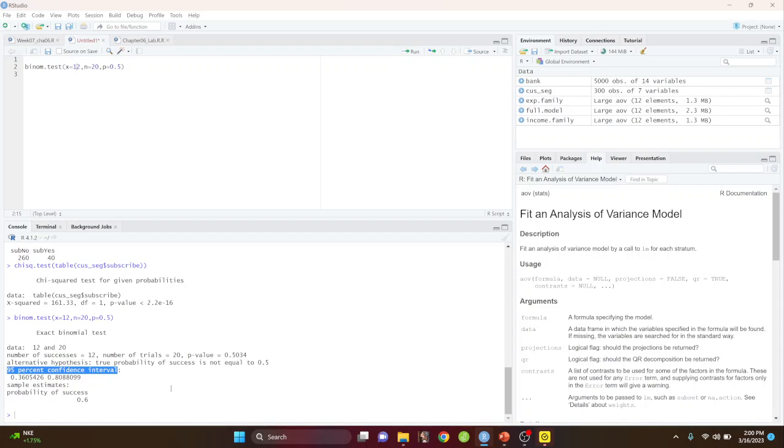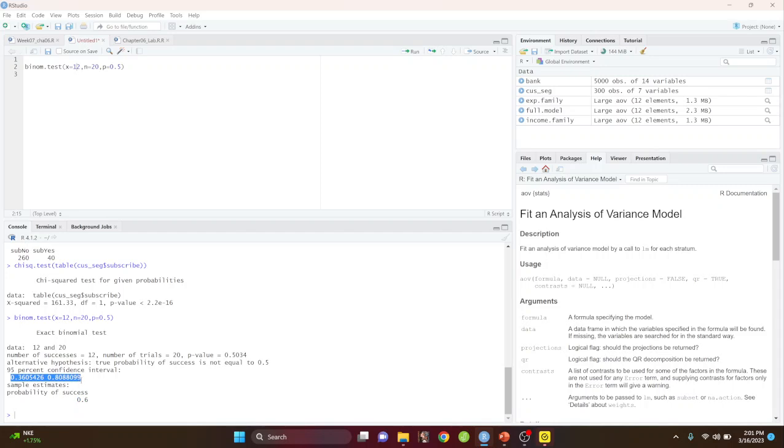What it actually tells us here is that if you run the same test with the same sample size, with the same expected probability that we set, if you run it 100 times, 95 times of your tests you get this probability of success, which is 0.6, that falls between these two numbers.